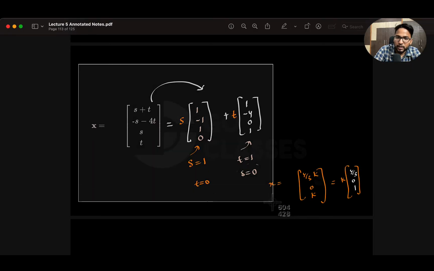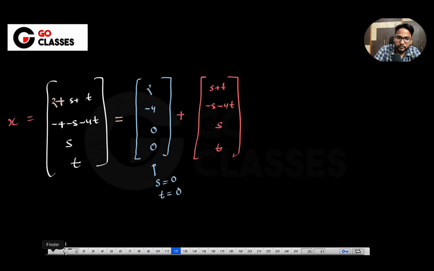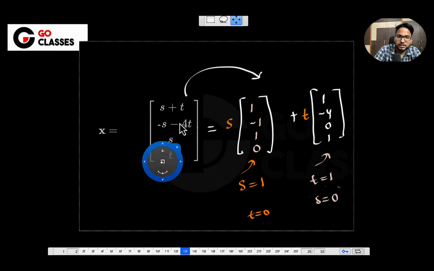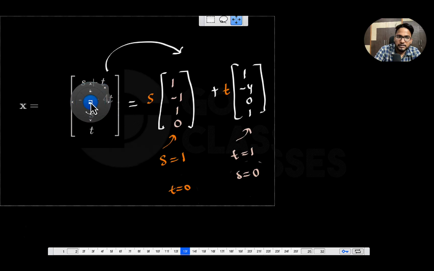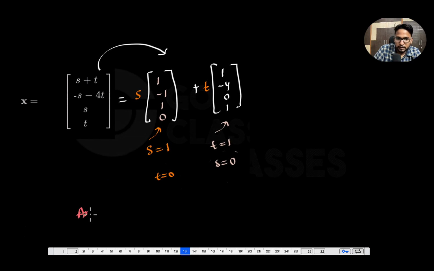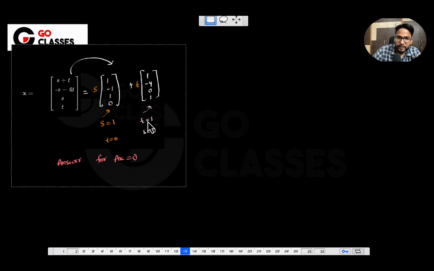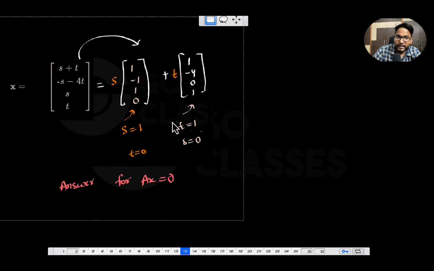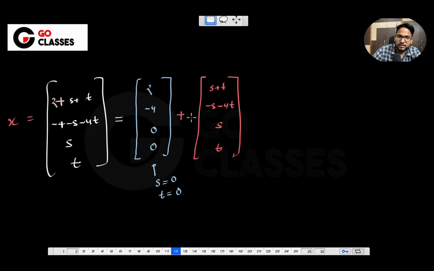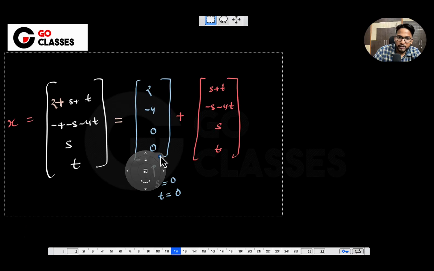This is the answer for ax equal to 0, right? And now, on the right hand side, let me write the answer for ax equal to b. And a is the same, obviously a has to be the same, otherwise it will be completely different. So now this is the answer for ax equal to b, right?